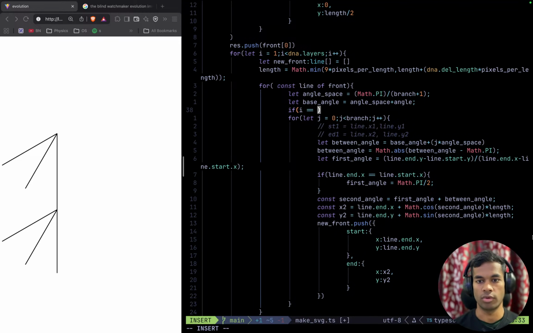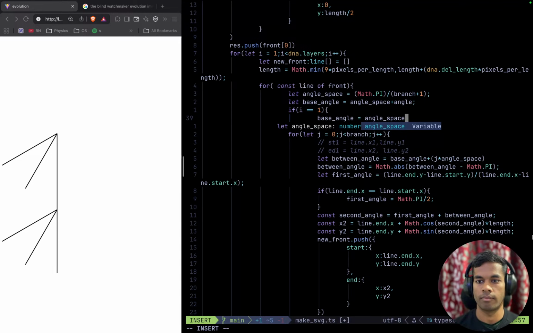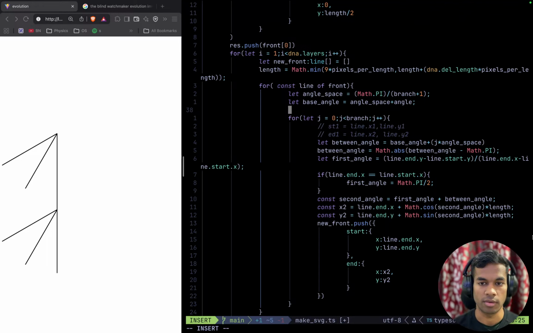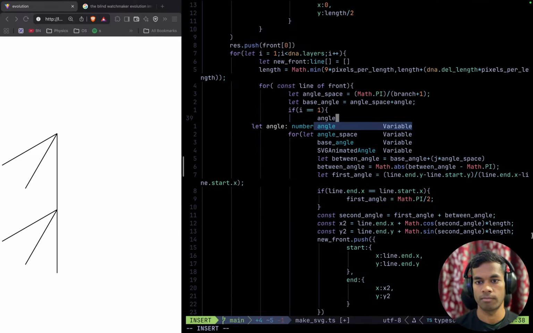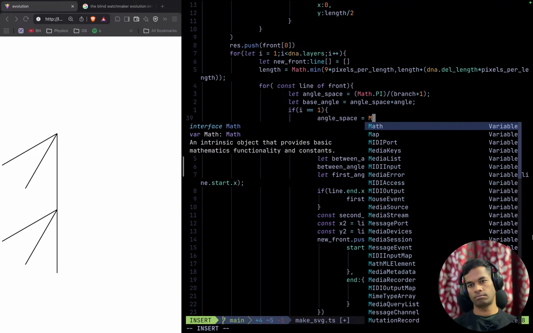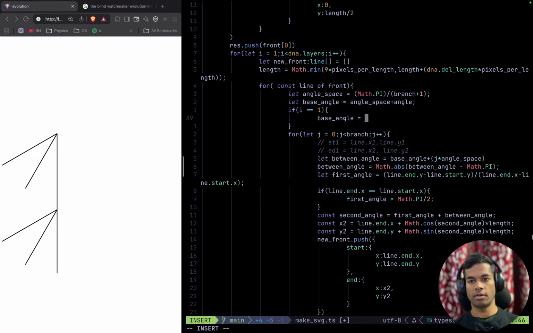If I equals 1, then base angle would be fine, just angle space would change. No, both of them would change. If we are at the first layer number 1, angle space is correct, 180. Yes, we are always dividing by 180. Base angle equals angle space.